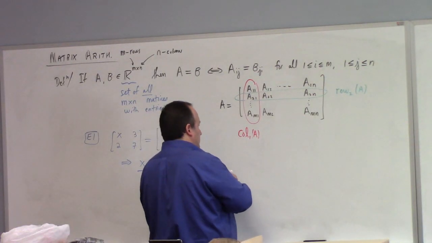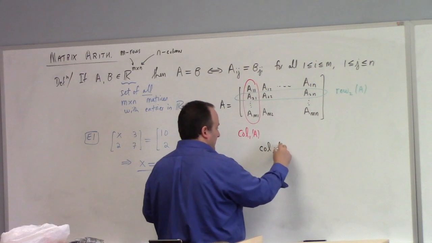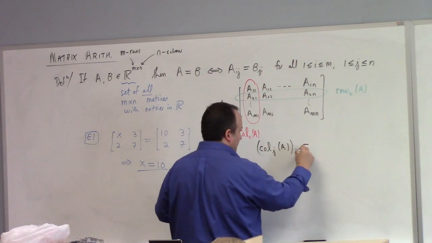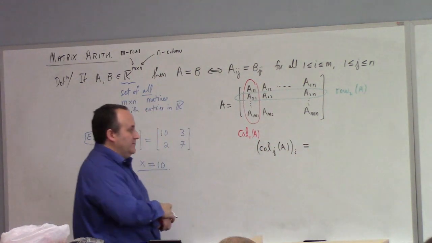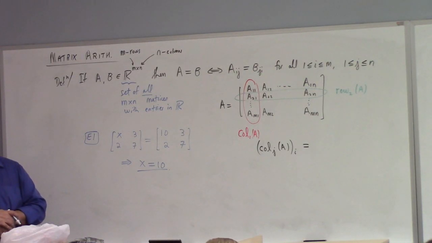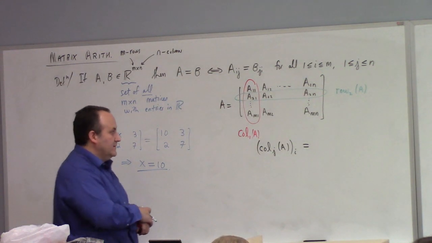Here's the definition. If we talk about the jth column of A and we want to calculate the ith component of that, guess what that's equal to? How do we find the ith component of the jth column? Yeah? Column j, row i.